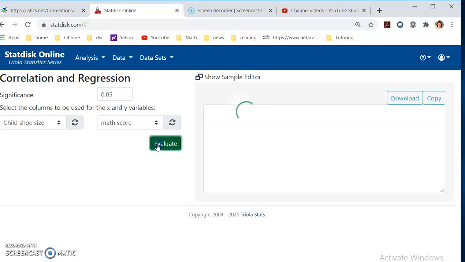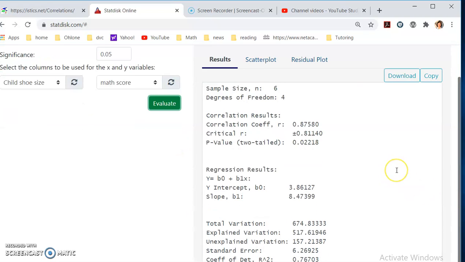Write out the significance level, which is 0.05. Then I'll write down the three numbers. Under correlation results, 0.876 is r. Critical r is plus or minus 0.811. And the p-value is 0.0222, two-tailed. So copy these three numbers down.